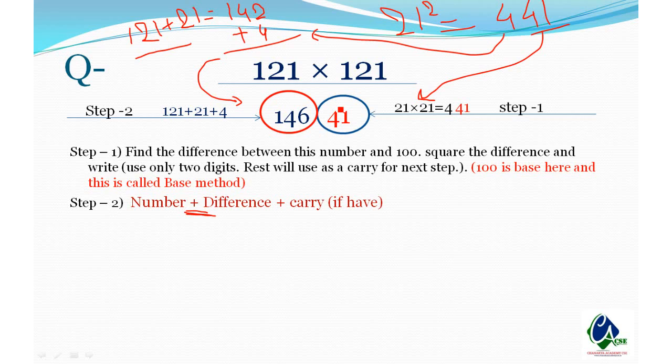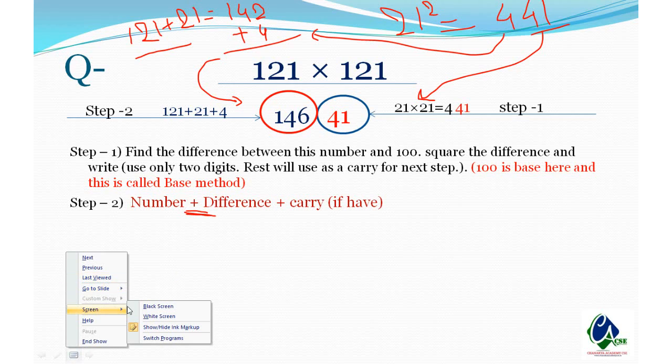See one more example. If you are going to calculate the square of 116, what is the difference? The difference is 16. The square of 16 is 256, but we need only a 2 digit number. We will add this 2 as a carry.